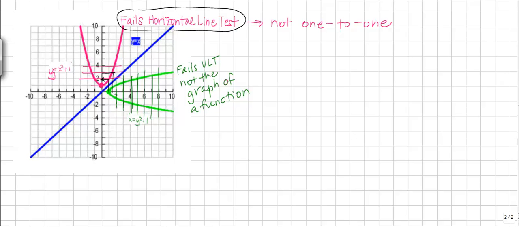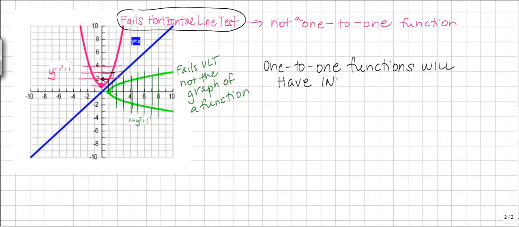So one-to-one functions will have inverses in the sense that we mean, meaning that we produce a function. Okay? I hope that makes sense.